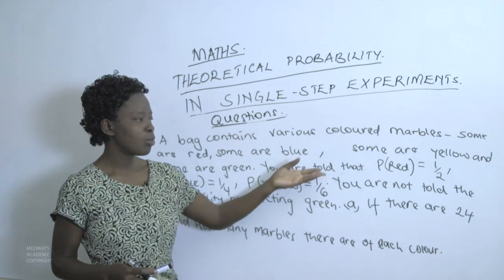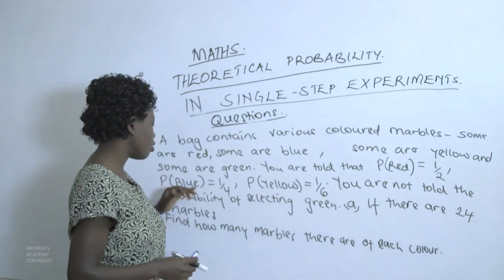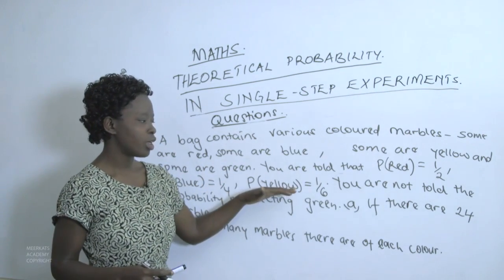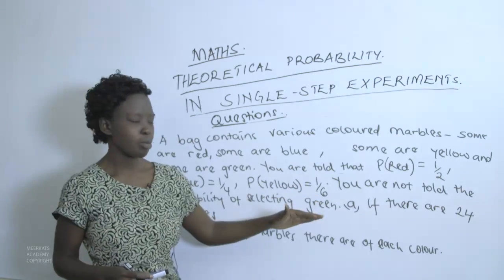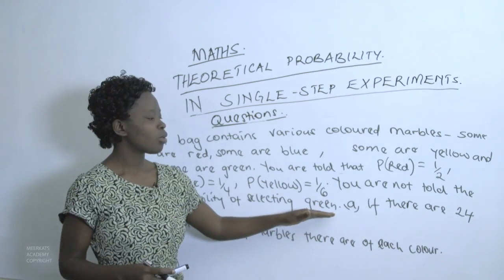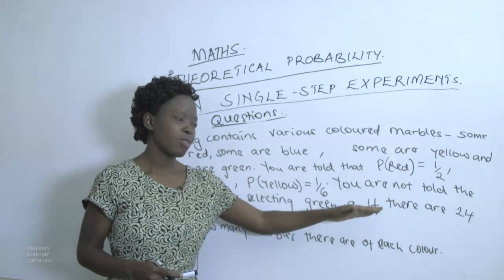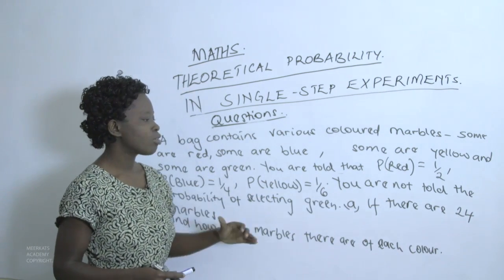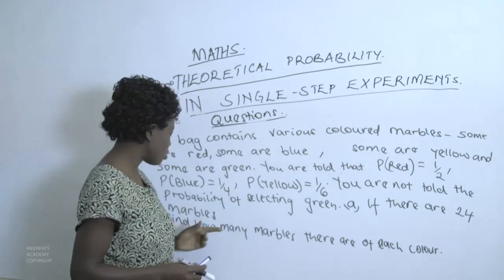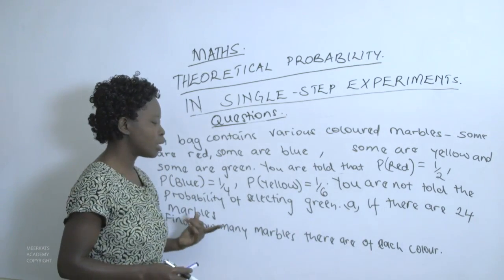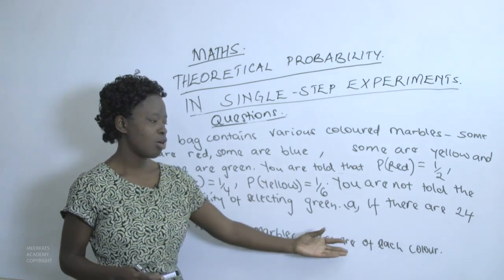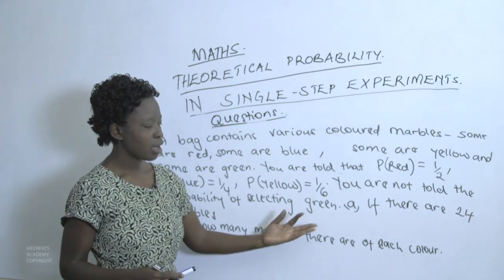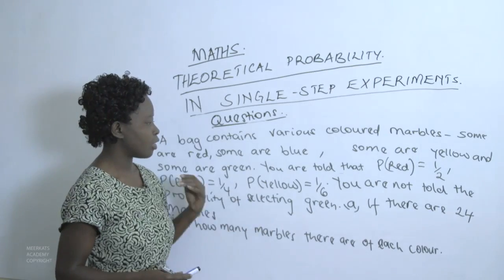So you've been given the probability of red, blue, and yellow, but we do not have the probability of green. So the question is, if there are 24 marbles in that given bag, then part 1: how many marbles are there of each color? So we need to get how many marbles of each color are in this bag.